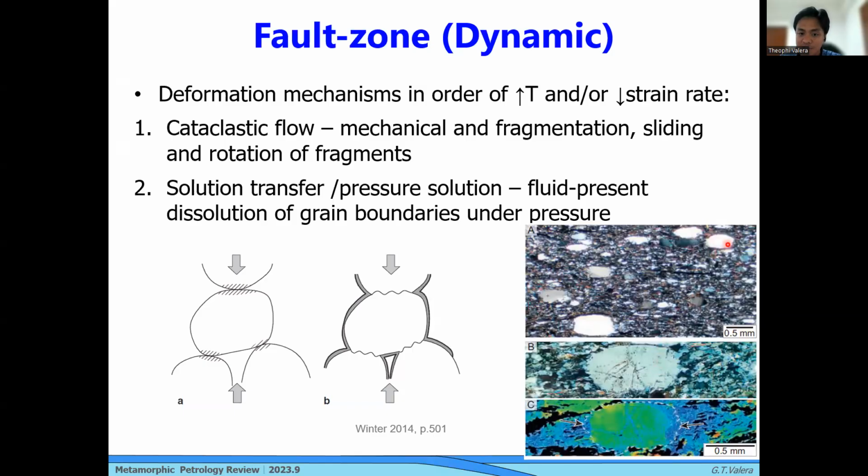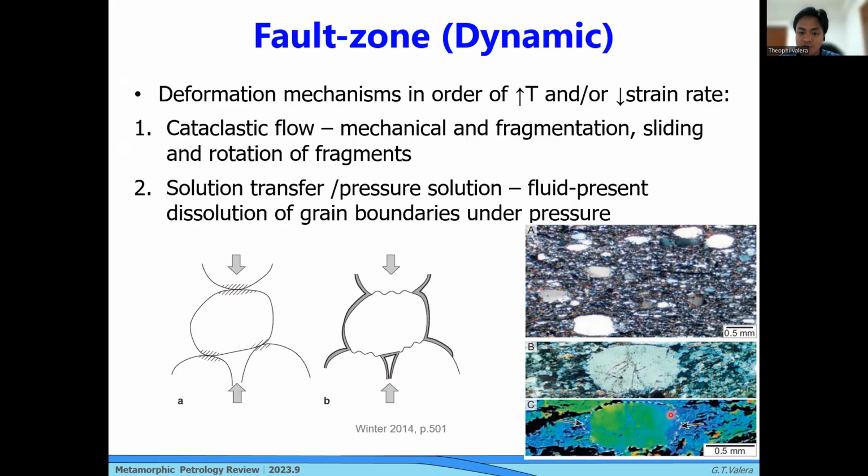So for example, here you can see this elongate quartz grains like this one. And then when we look at the timing of growth nitong quartz grains na to, which you can do using compositional mapping, in this case, I think they did cathodoluminescence mapping, you can see basically that this was the original quartz.